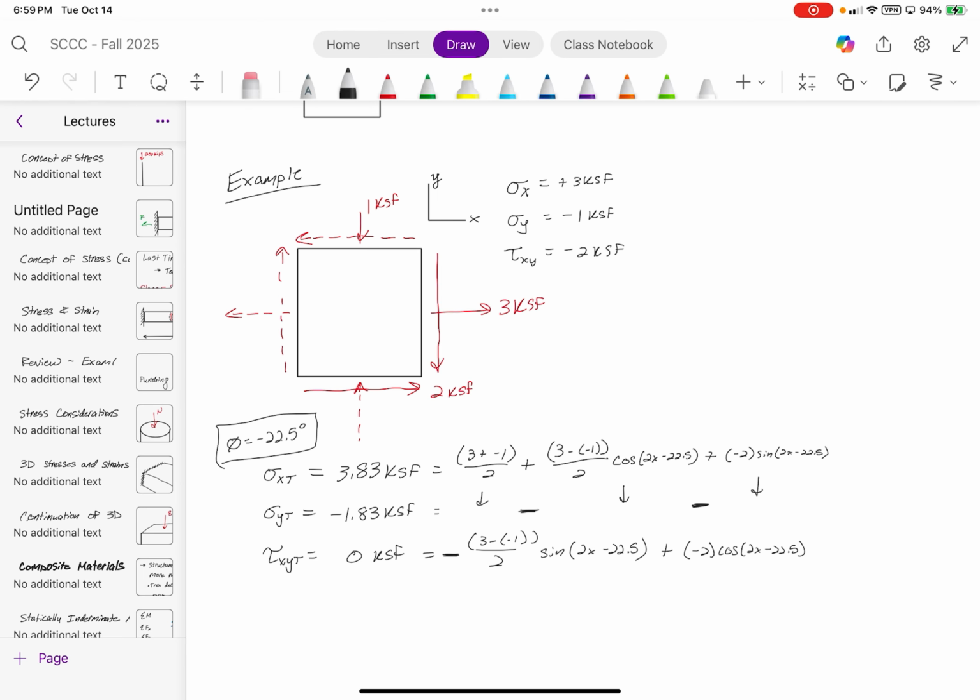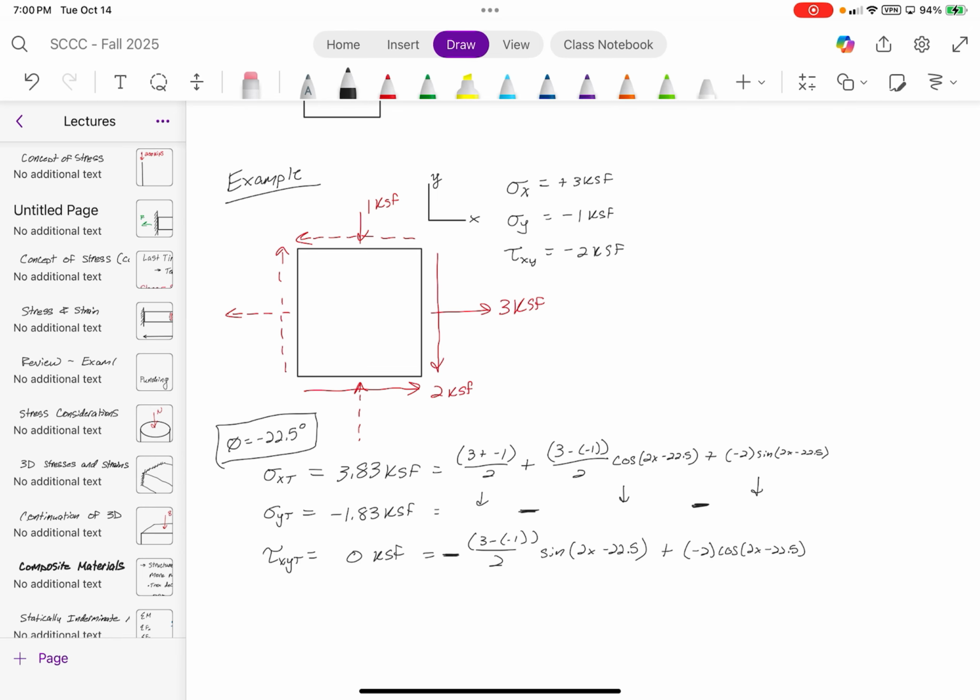Nobody wants to take a crack at it? No one? I'm disappointed. What do you notice about the shear stress? 0. There's no shear stress at this angle if you rotate it.